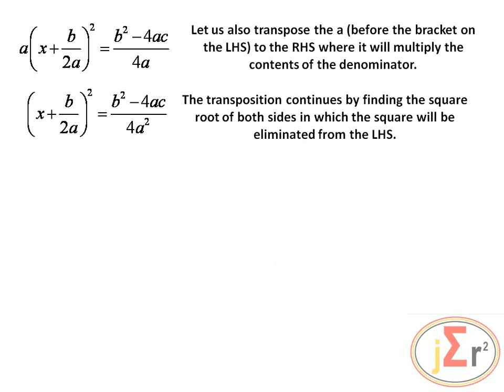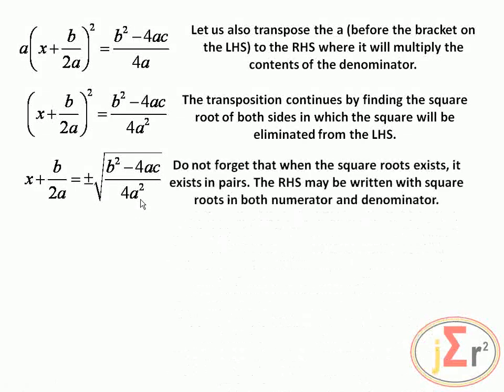So the transposition continues by finding the square root of both sides, in which the square will be eliminated from the left hand side. So we may say that the square root and square are inverses of each other and will therefore neutralize each other. So we have x plus b over 2a is equal to all of this.